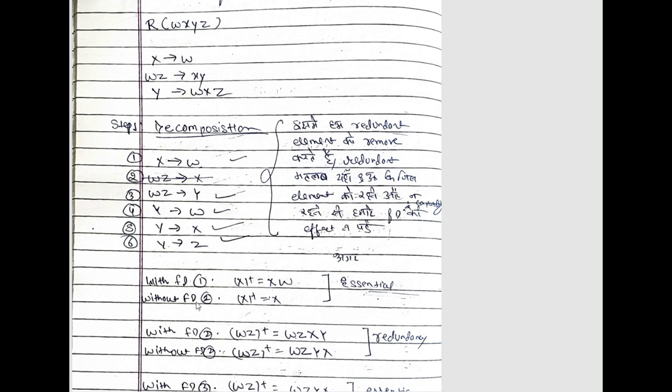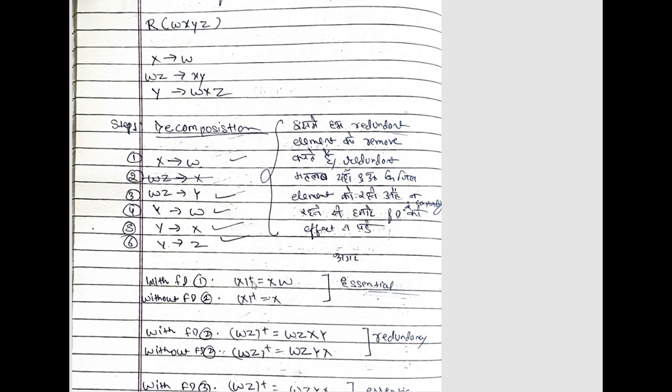Now we will find the closure without this FD. When we write the closure of X again, but this time we ignore this FD, X's closure is X only, and we derive nothing else. Here we can clearly see that without the FD and with the FD we can't get the same output at the end.